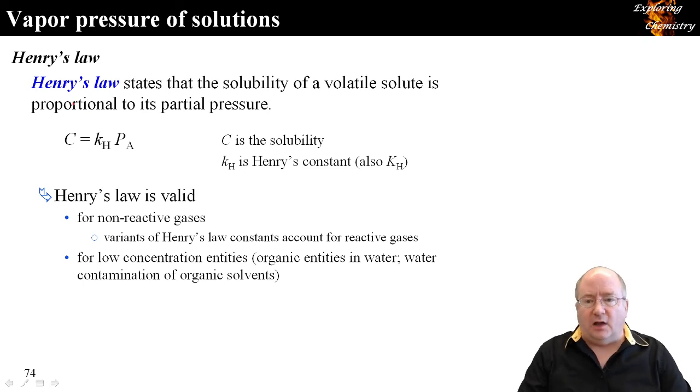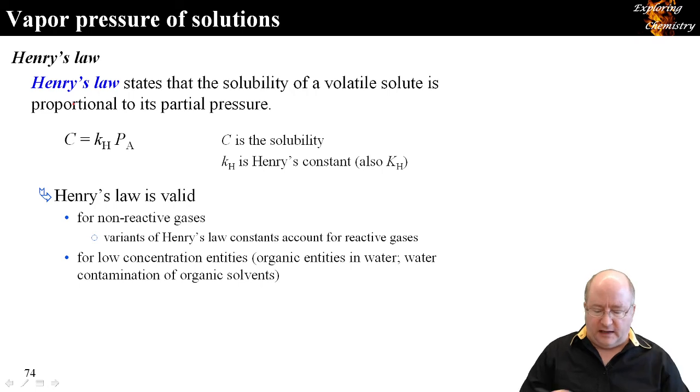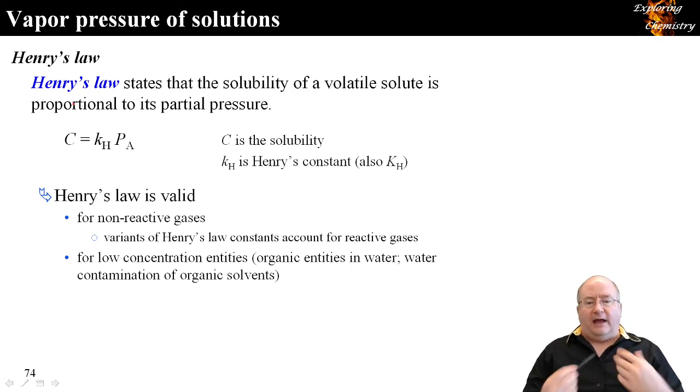So Henry's law states that the solubility of a volatile solute is proportional to its partial pressure. So C is the solubility, KH is Henry's constant, and PA is the partial pressure of A. Henry's constant has a number of different ways that it's reported.